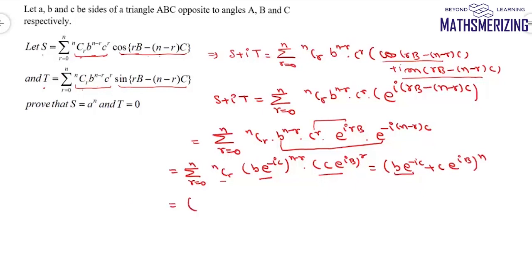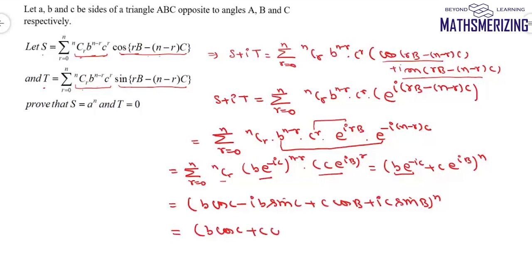So I'll write (b cos C minus iota b sin C, and here I'll write c cos B plus iota c sin B) to the power n. Now I'll take the real part together. So it is b cos C plus c cos B, and then I'll take minus iota common, so there will be b sin C minus c sin B, whole to the power n.